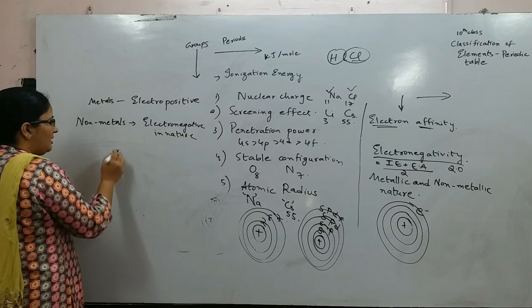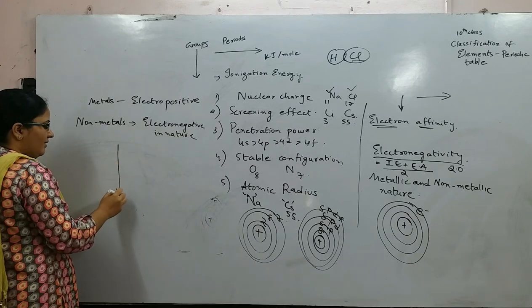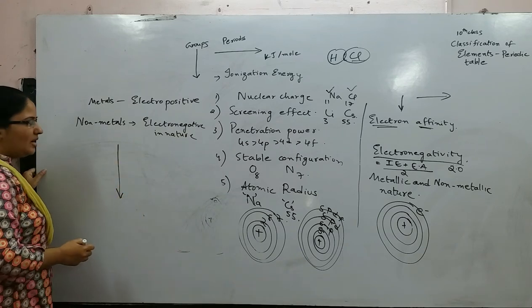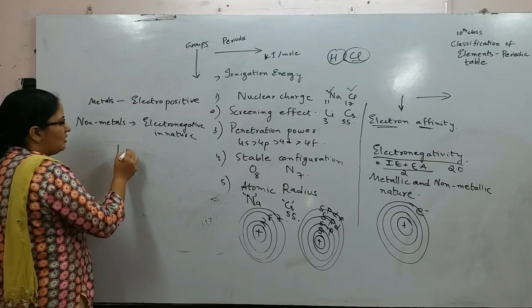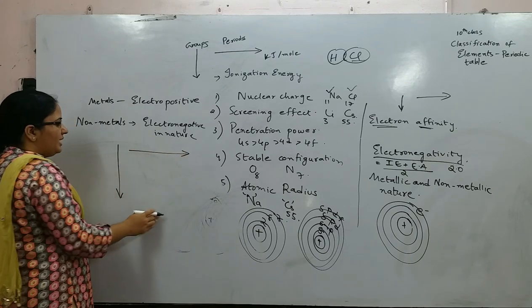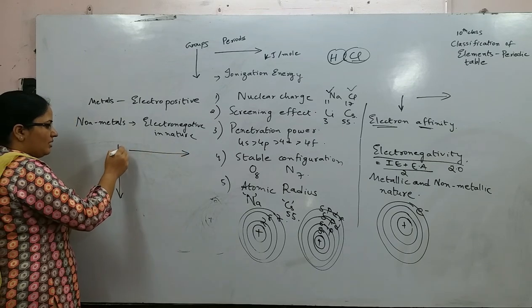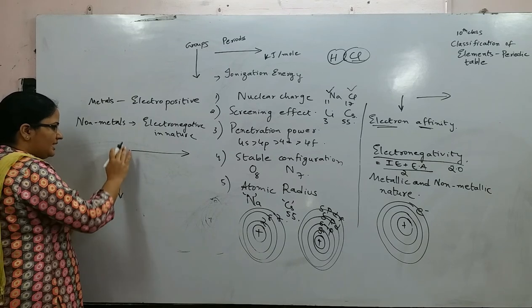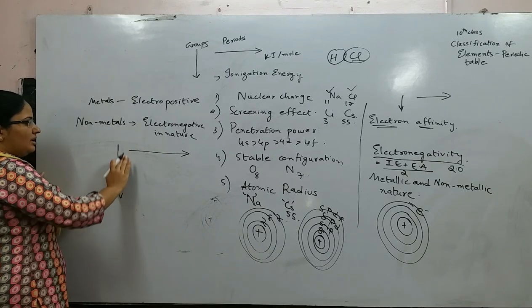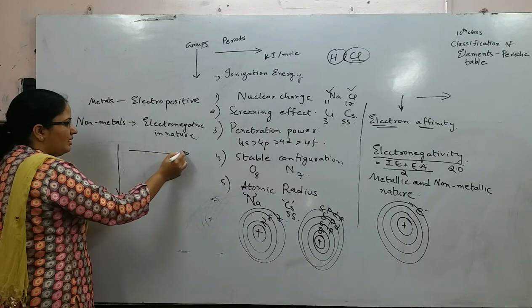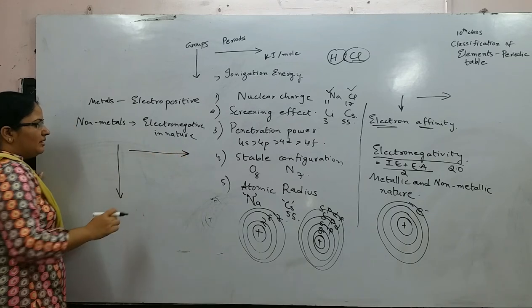So if you take group, the electropositivity increases down the group, whereas electropositivity decreases across the period.